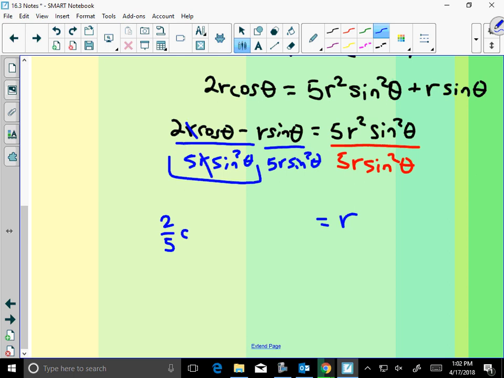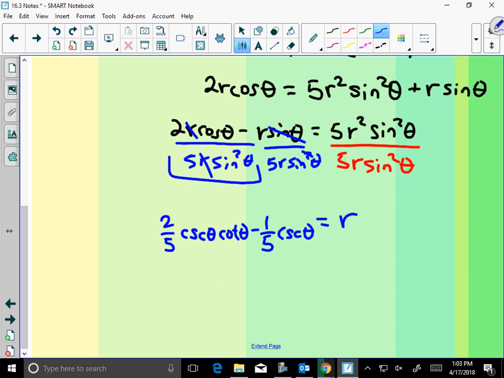I get cosecant theta cotangent theta. Minus 1/5. What do I get? One of these sines cancels with that one. Cosecant theta. Now, you could leave it in that form if you wanted.